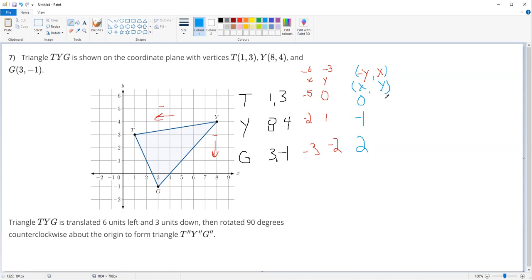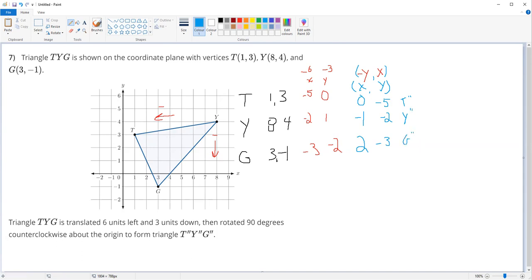Okay. And then now it's going to be the new y's, or the old x's. So it's going to be negative 5, negative 2, and negative 3. And this is going to be my t double prime, y double prime, and my g double prime.